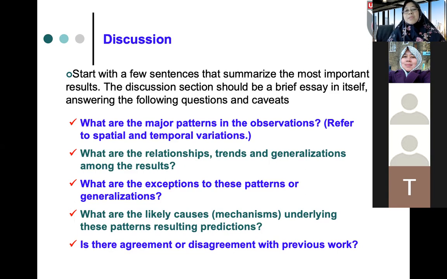You study the pH, and then you find that at acidic pH, it tends to have optimum or better results compared to basic pH, yeah? Alkaline pH. So the observation will be, okay, more product is produced in the acidic compared to the alkaline or basic range.